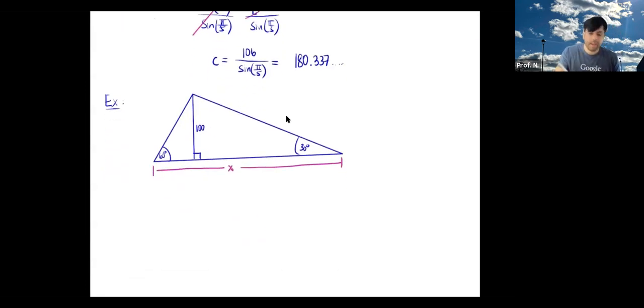What if I want to find x? I'm given two right triangles, right? I have one right triangle here, and another right triangle here. And I'm trying to figure out what this entire side here is.